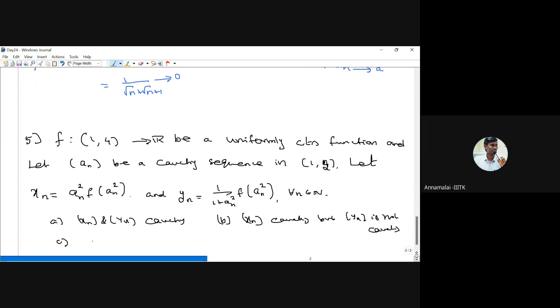And third option is xn is not Cauchy and yn is Cauchy. The last one is neither, both not Cauchy, or neither xn nor yn Cauchy.